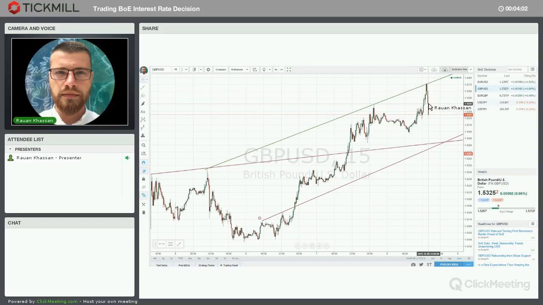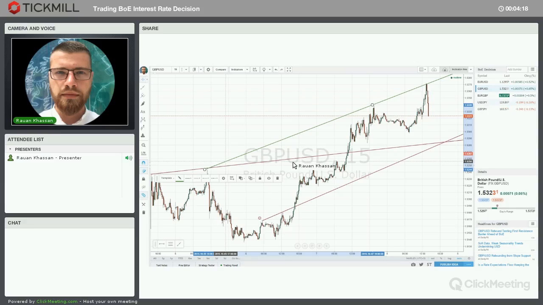So currently we are analyzing the intraday 15-minute chart. The pair has tested the green upward line, which connects two recent highs from 5th of October at the level of 1.5244, and goes through the recent high of 1.5340 that was marked during the American session yesterday.